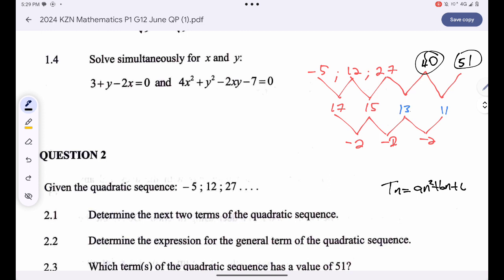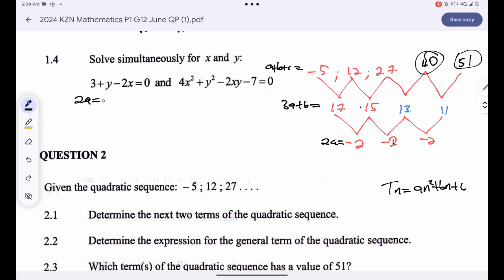If I know the values of a, b, and c, I can simply write down the expression of my general formula. I know that 2a is equal to the second difference, 3a plus b is equal to the first term of the first difference, and a plus b plus c is equal to the first term of the sequence.